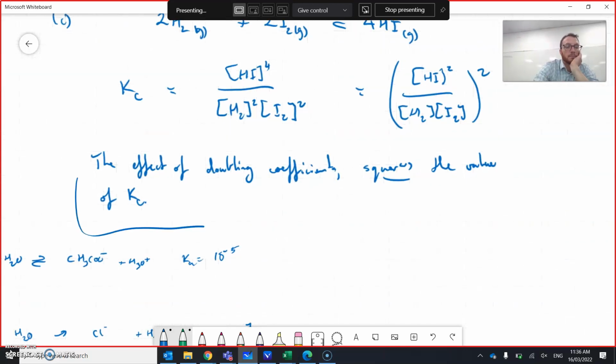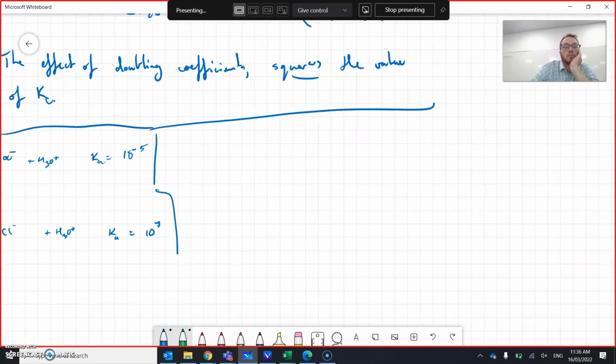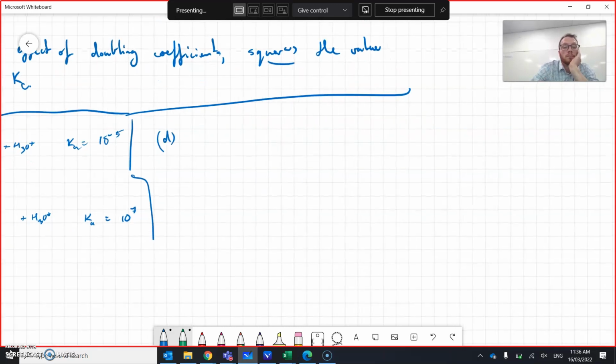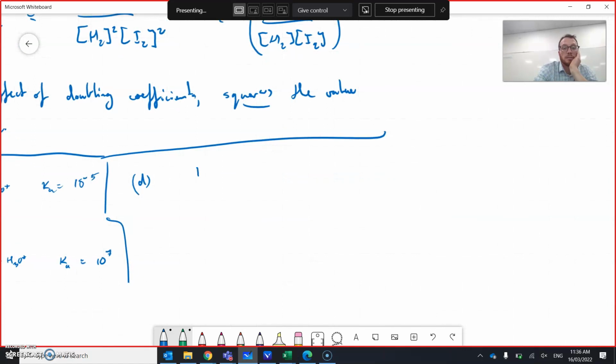Similarly, let's look at another example. Let's just take the original reaction again. What would the expression of that be?